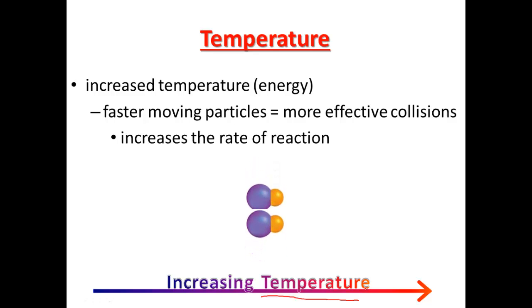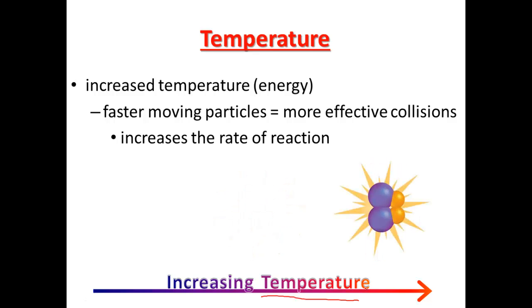If it's a little bit warmer, they're going to move a little bit faster. It's going to take a little bit of time, but eventually they will react. And if it's a much higher temperature, they're moving very fast. Those collisions can happen very quickly, and we get that reaction to occur right away. So higher temperature, faster moving, more effective collisions, and more energy gets that rate of reaction to increase.